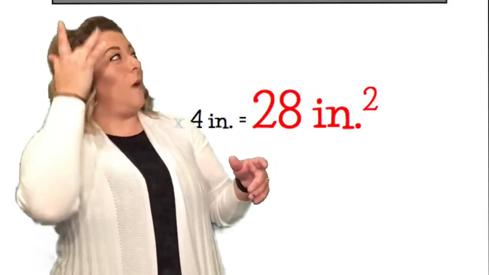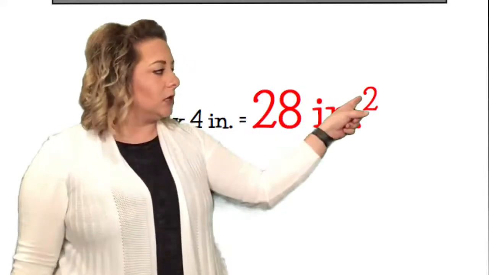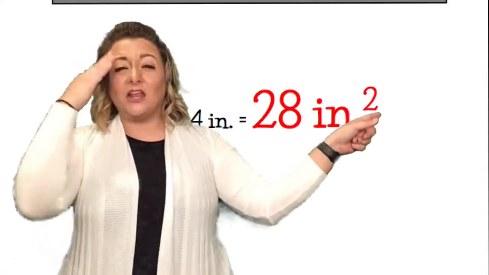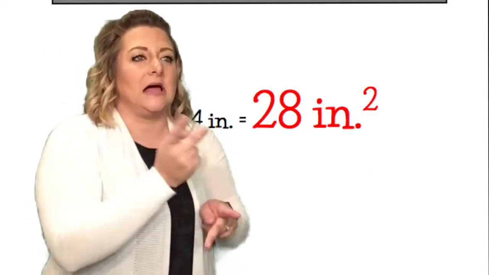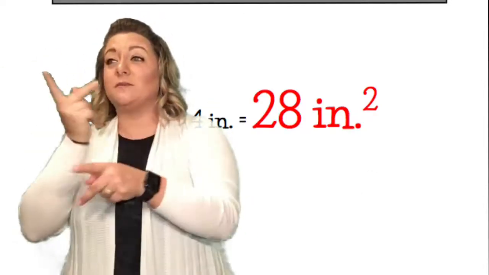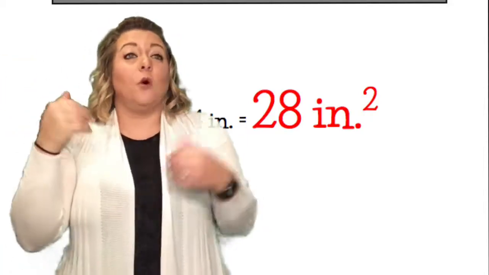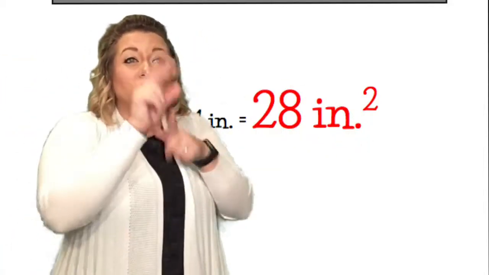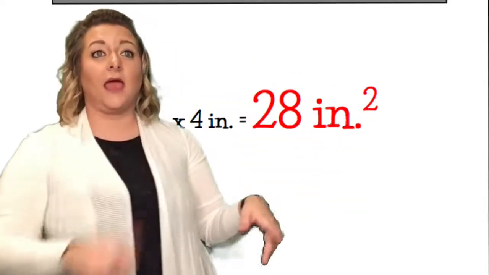Okay? Why do I have the little 2 here? Does anybody know? Because I multiplied. If I'm multiplying inches by inches, I'm going to have squared, a little 2 at the top on the far right, okay?